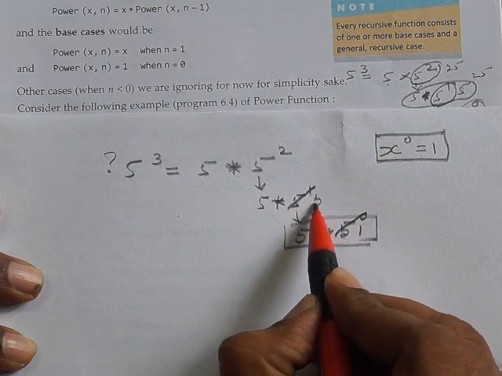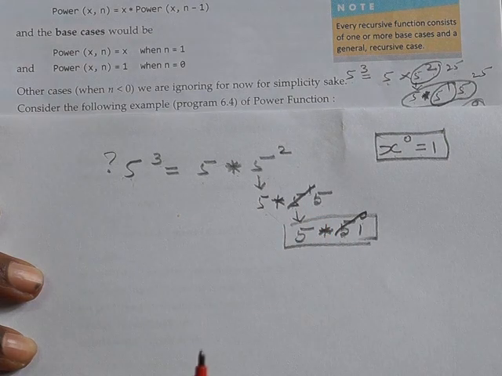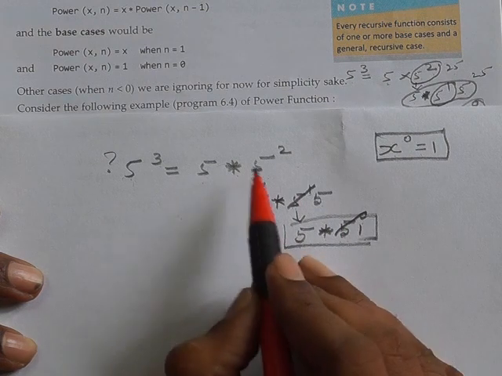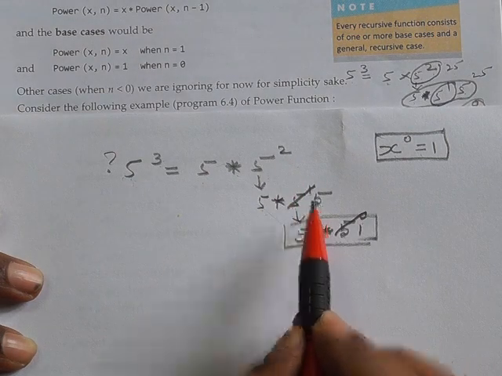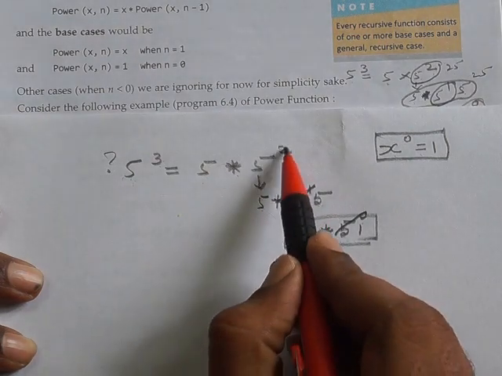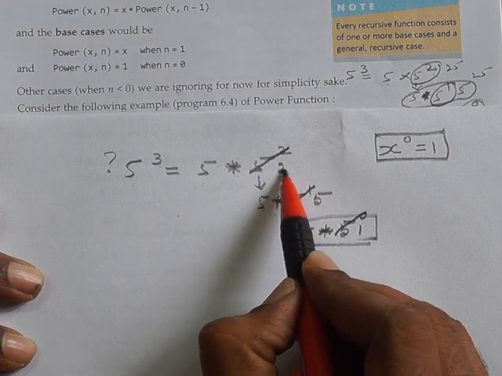Now it becomes 5. Got it? So 5 5s are how much? 25. Now you tell me what is the value of 5 square? 5 power 2. The value is 5 5s are 25. So now I will strike this one. The value is 25.